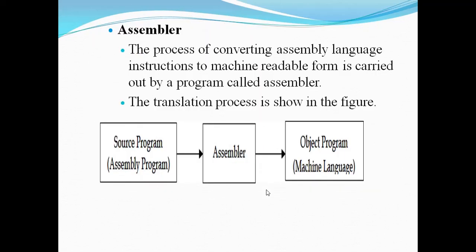Next, assembler. The process of converting assembly language instructions to machine readable form is carried out by a program called assembler. So assembler simply converts the assembly program or assembly source code to machine code, and the machine language is sometimes called object code, or object program.